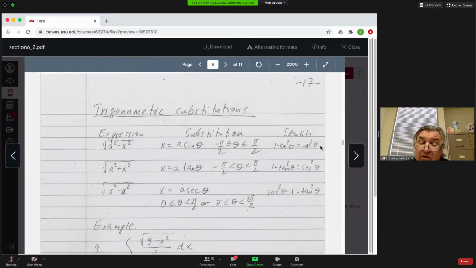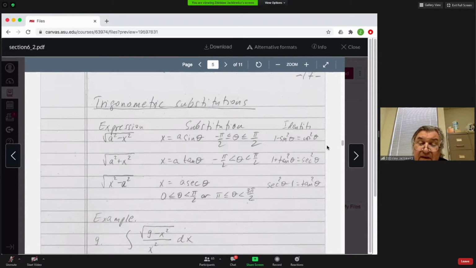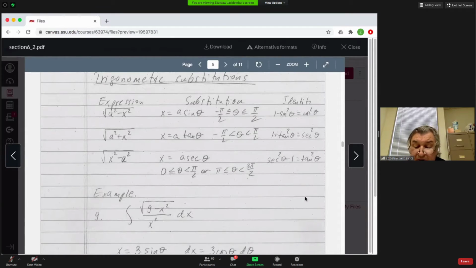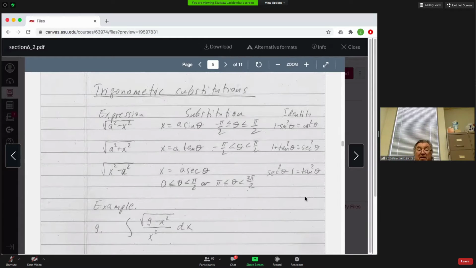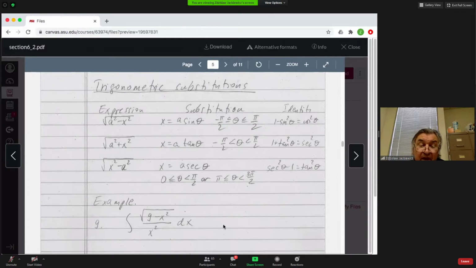So now let's see how it works. I have an example here, so maybe let's work it on the whiteboard, so you see all the details. We would like to integrate square root of 9 minus x squared over x squared dx. So let's see if this substitution will help to integrate this.